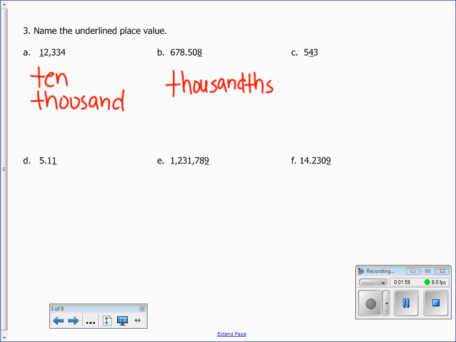C is a whole number, 543. The 4 is in the tens place value. D, the underlined 1. If you want to determine what that is, you can start at the decimal and go to the right. Tenths, hundredths.